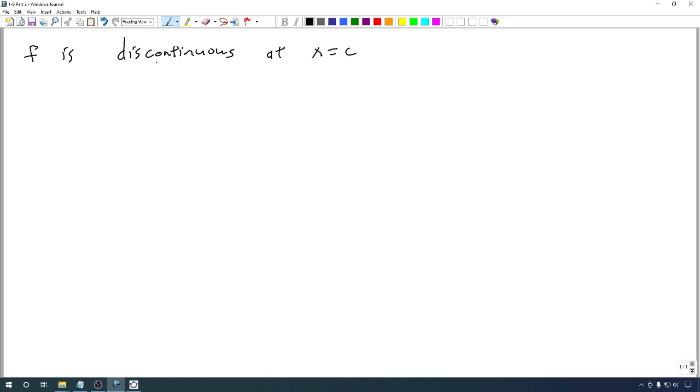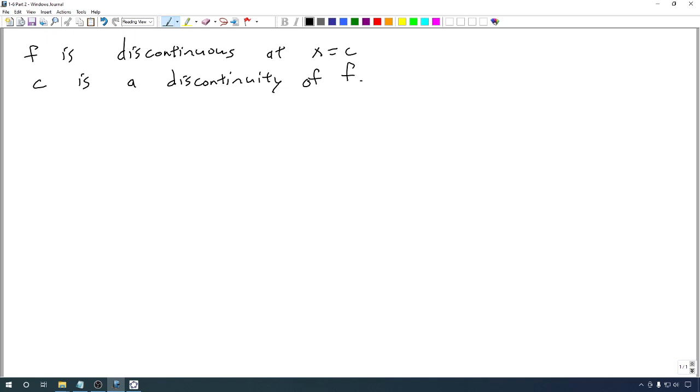So discontinuous just means not continuous. But we also say that c is a discontinuity of f, of our function. So when we talk about discontinuities of a function, we're talking about points where it's not continuous.